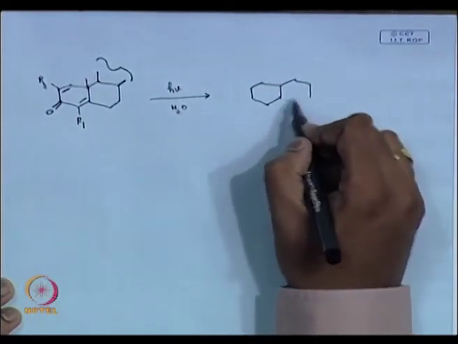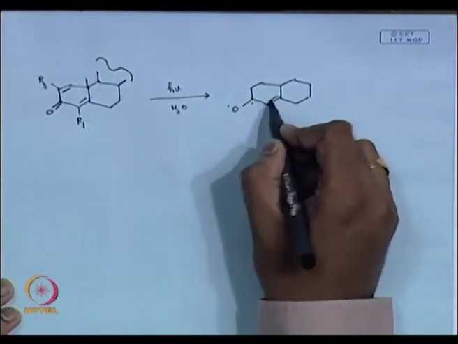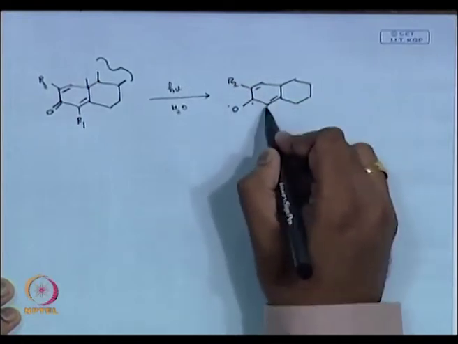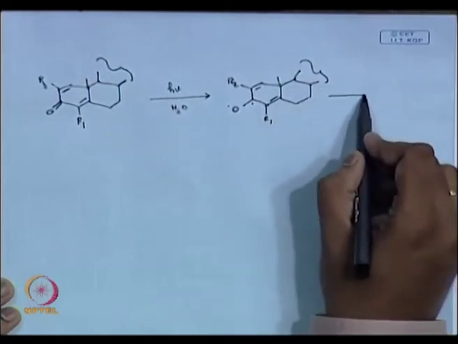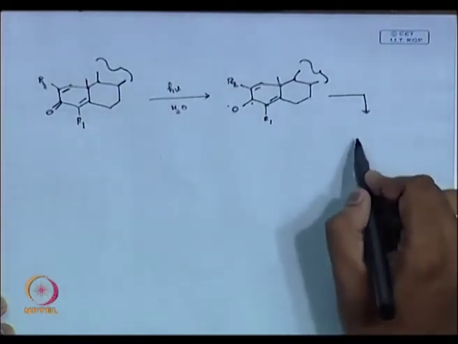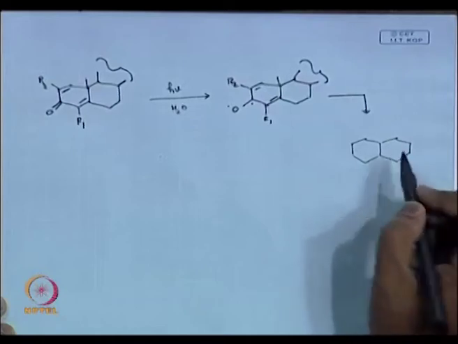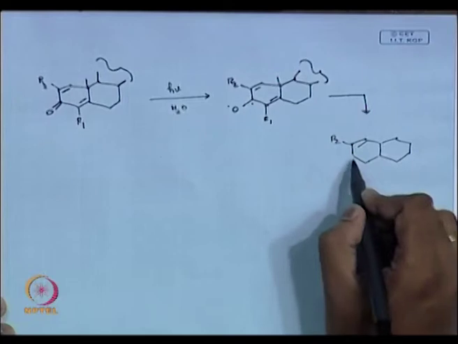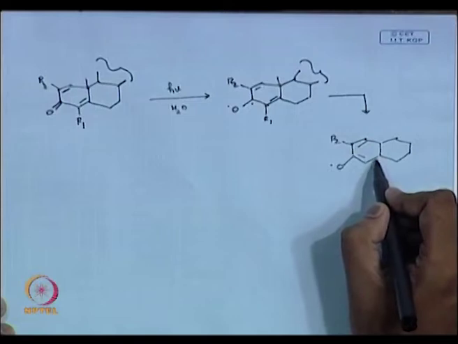Yeah, you might end up, you get O dot, get this, then I can move across this one, fine. You can get a radical here.